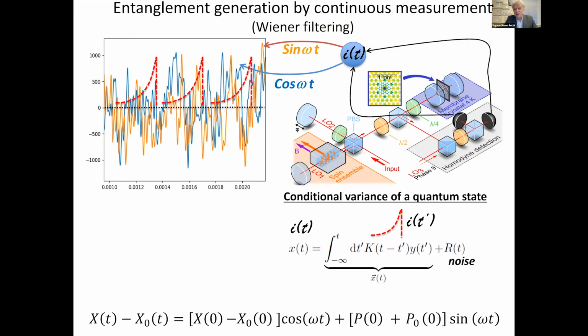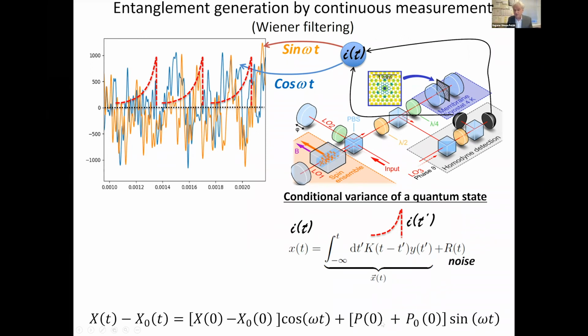And as a result of this measurement, we get the photocurrent, of course. And we process this photocurrent in such a way that at every instant of time, we can predict the state of the composite system. We can predict the difference of x's and the sum of p's.